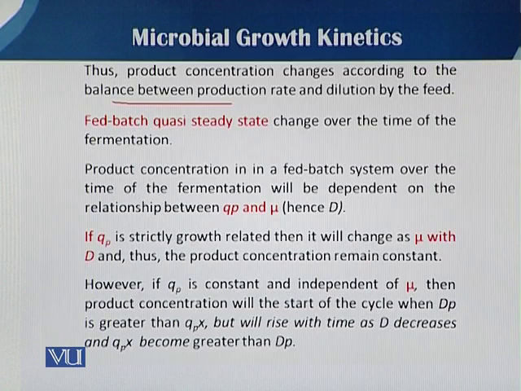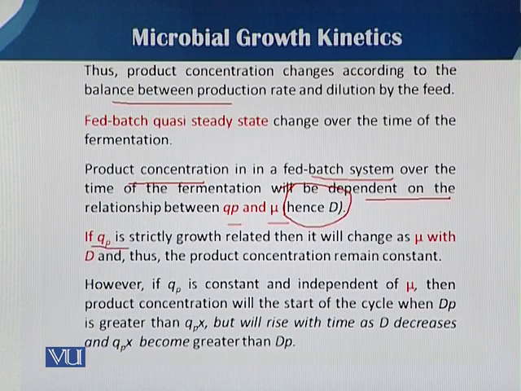So the product concentration in a fed batch system over the time of the fermentation depends on the relationship of qP and mu, which we call the specific growth rate. Hence we can say that it totally depends upon D, which we call the dilution rate.